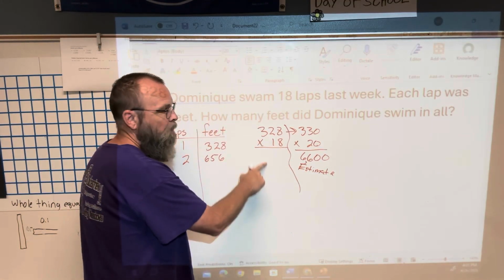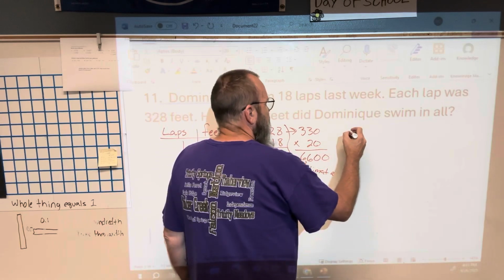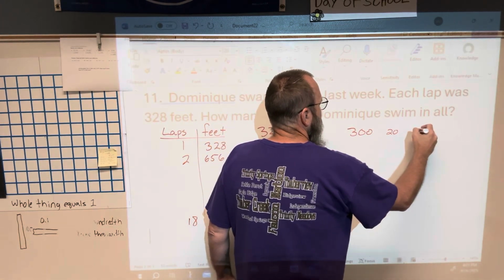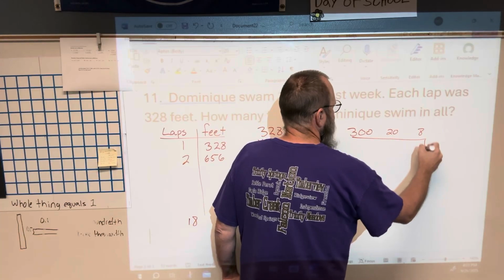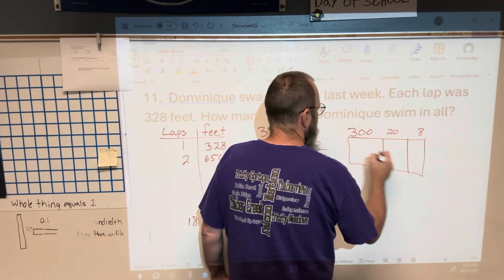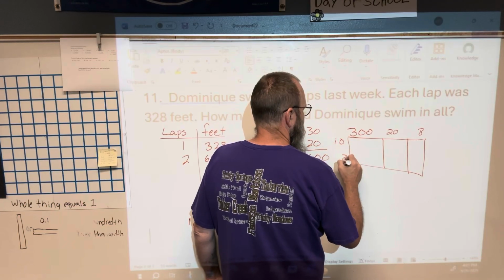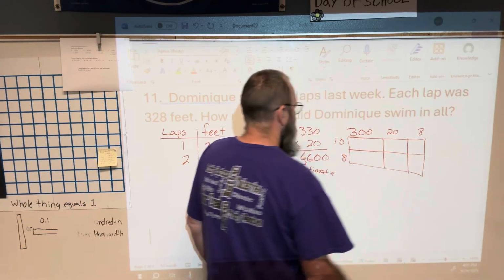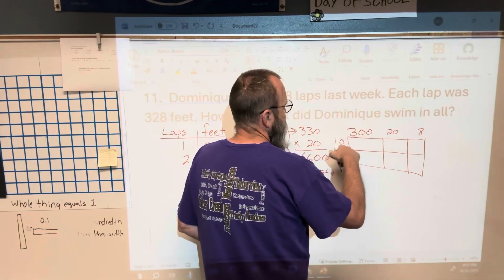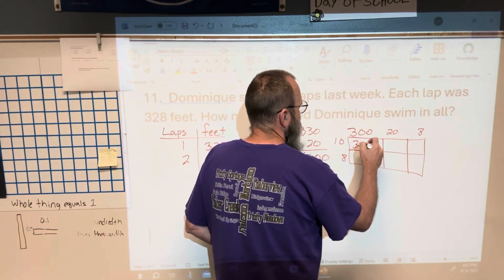I can multiply it the standard algorithm. I can do 300, 20, and 8, multiplied by 10 and 8. And then I could fill in those boxes. For example, if I did 300 times 10, it would be 3,000.